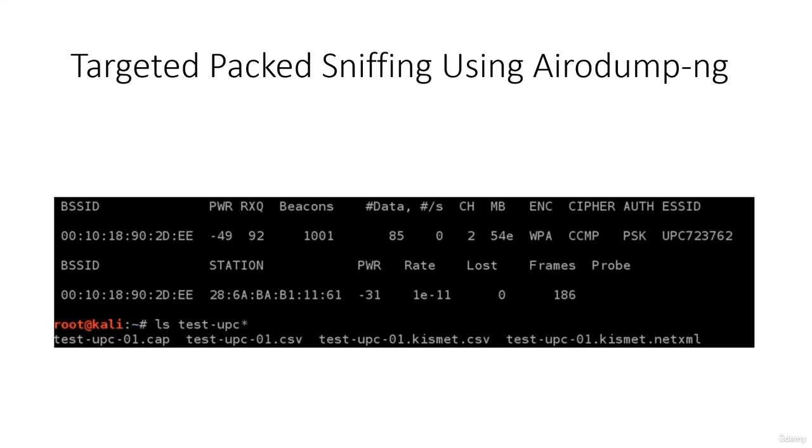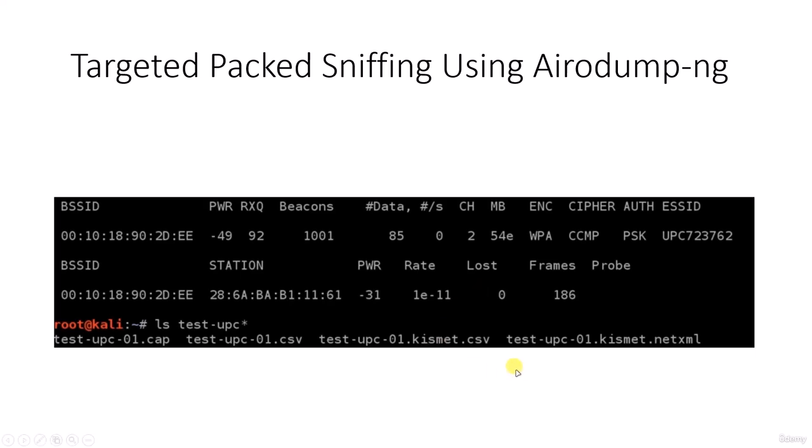The problem is that this specific network uses WPA encryption. So all the packets in here are encrypted, and we can't decrypt them unless we have the key. We'll talk in future lectures about how we collect the key.